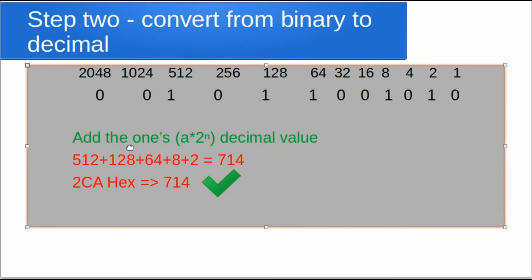So it's 512 plus 128 plus 64 plus the 8 plus the 2. If we add them all together, it gives us 714. So the hex number 2CA actually represents 714 in decimal format.